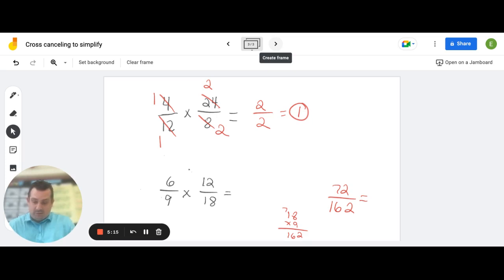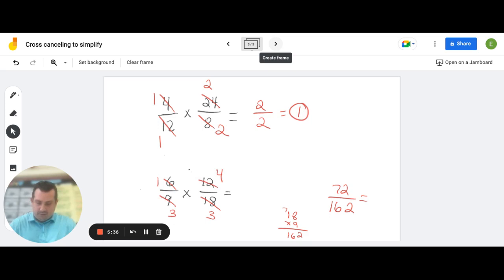Or I could just go over here, 6 and 18. Well, I know 6 goes into 18. 6 divided by 6 is 1, and 18 divided by 6 is 3. And now I have 9 and 12. Well, 3 is a common factor. 9 divided by 3 is 3, and 12 divided by 3 is 4.